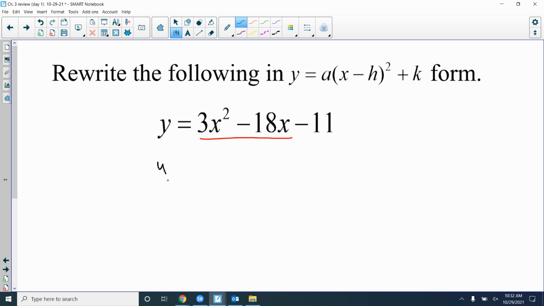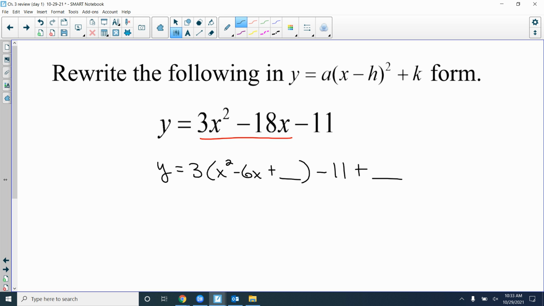But I have to factor out the 3 first. Plus. And don't forget to factor out the 3 out of both the 3x squared and the negative 18, not just the first term. All right, now we just go through our procedure.